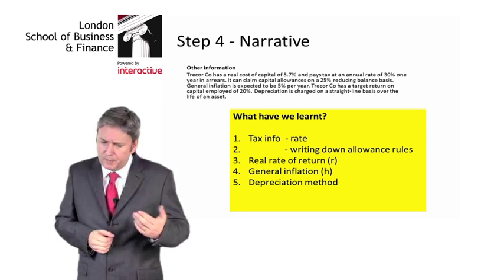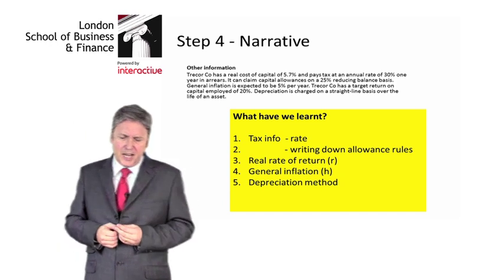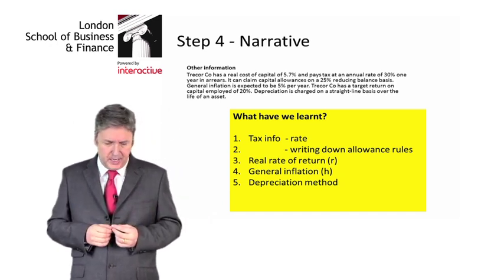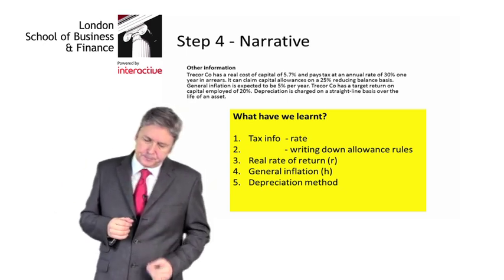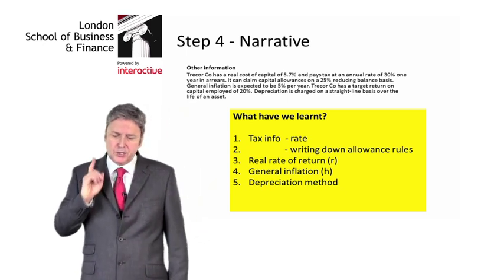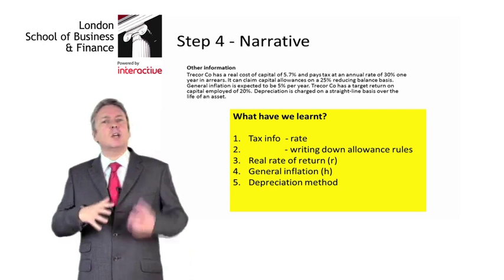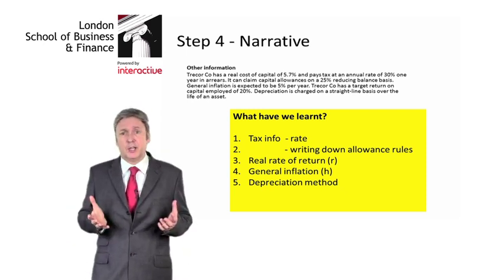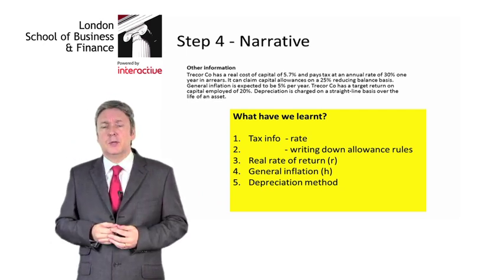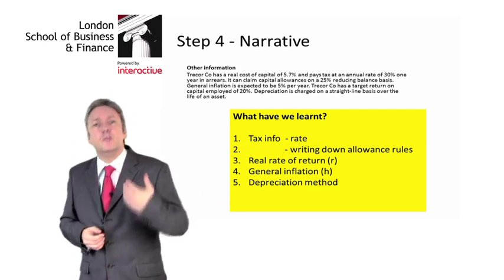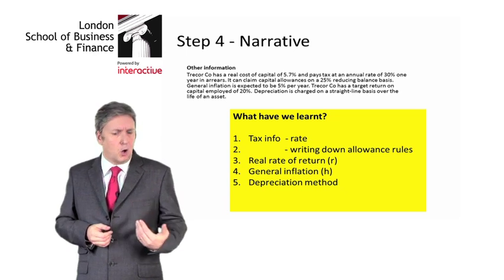Remember, that's before inflation. And it pays tax at an annual rate of 30%, 1 year in arrears. It can claim capital allowances on a 25% reducing balance basis. So we've obviously got tax to deal with here, and we've got the most classic example of dealing with tax relief. We are given the reducing balance method, which is very common.